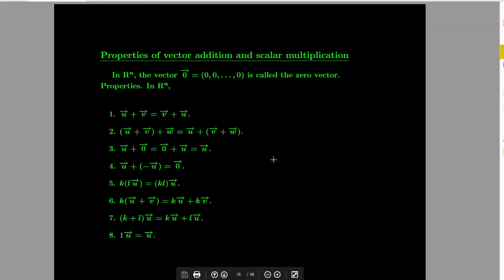Using one of the properties we just learned. Now look at property number 6. Property number 6, okay. Now we are going to use the identity from the right hand side to the left hand side.